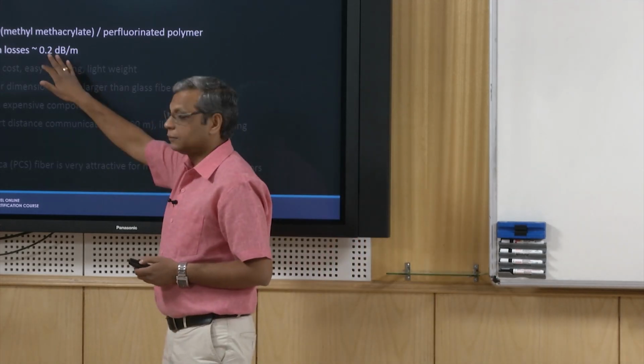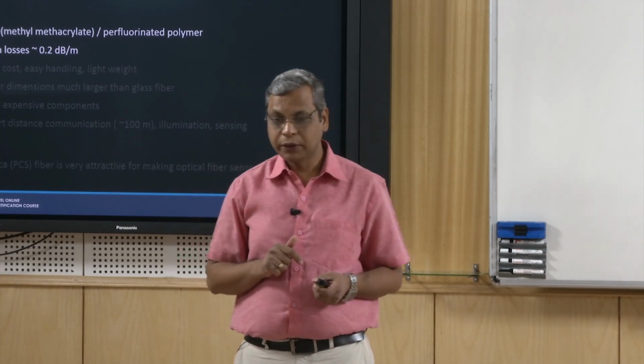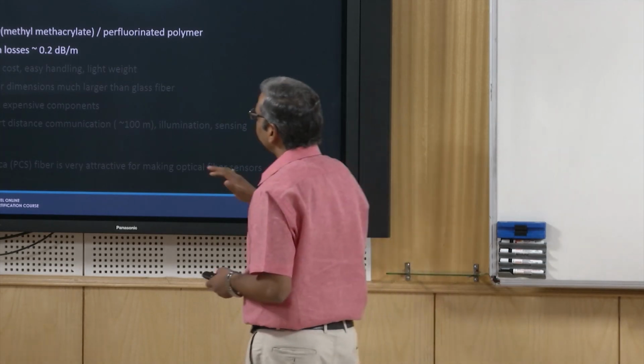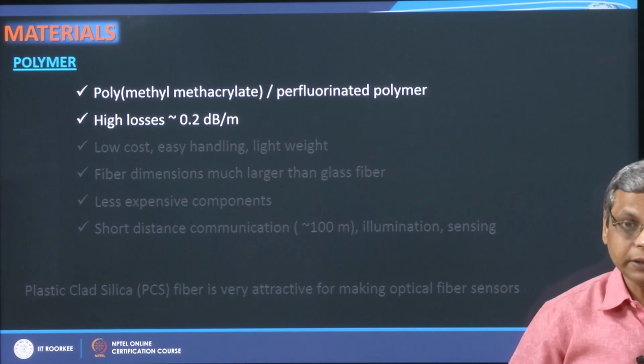Glass has loss of the order of 0.2 dB per kilometer, and plastic or this polymer fiber has loss of the order of 0.2 dB per meter.